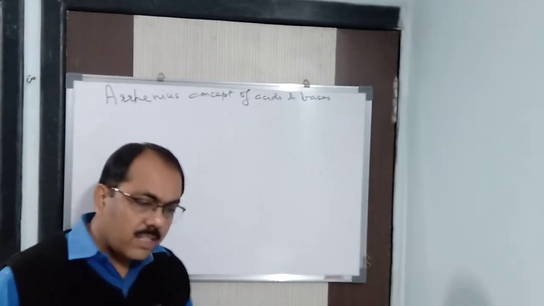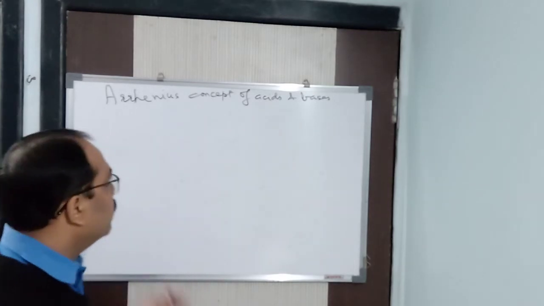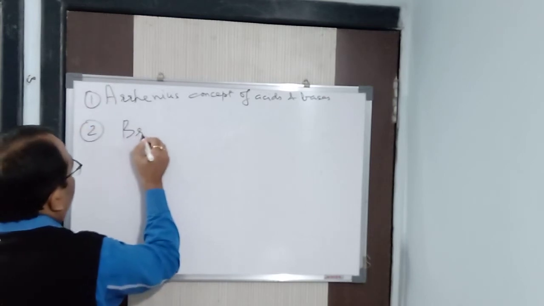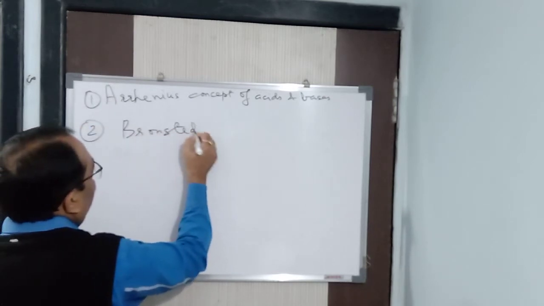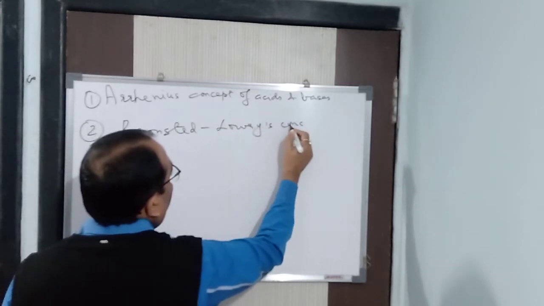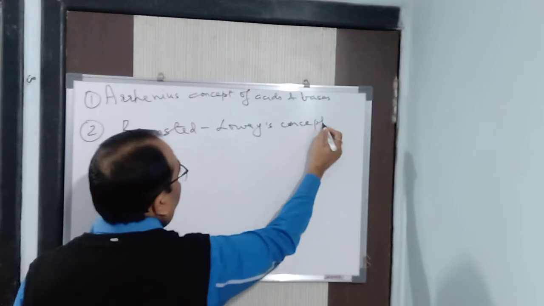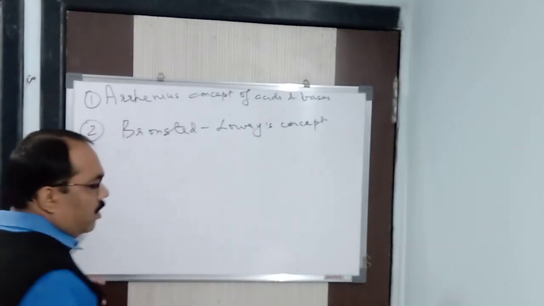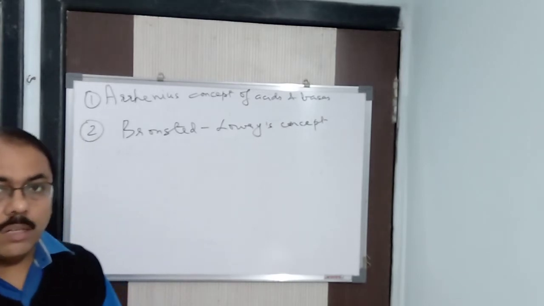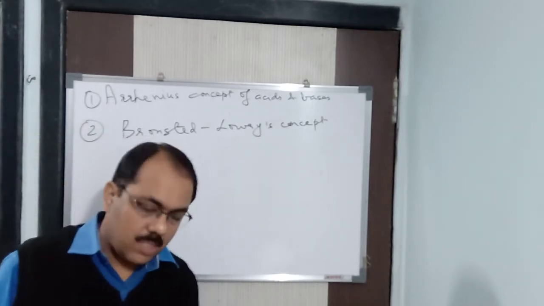So after Arrhenius comes the Bronsted-Lowry concept. Arrhenius was the first one, second one is the Bronsted-Lowry concept of acids and bases. According to Bronsted-Lowry, an acid is a proton donor and a base is a proton acceptor.